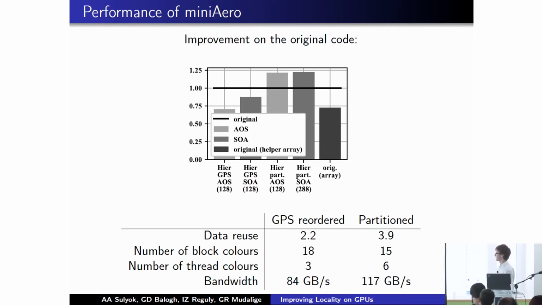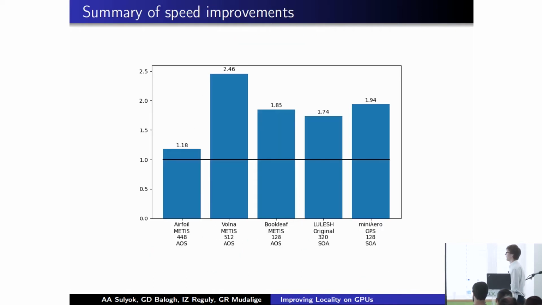The original code of MiniAero used, depending on the configuration, either a helper array, which is the last column here, or atomics, which is the normalization factor here, and we managed to get better performance than either of them. All in all, we managed to get performance increases compared to the original codes in all of our test applications.